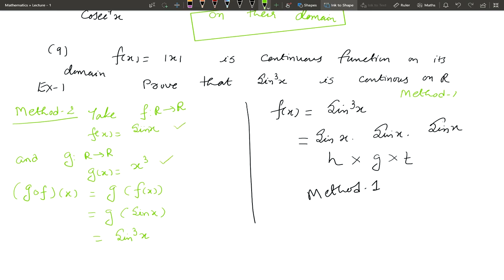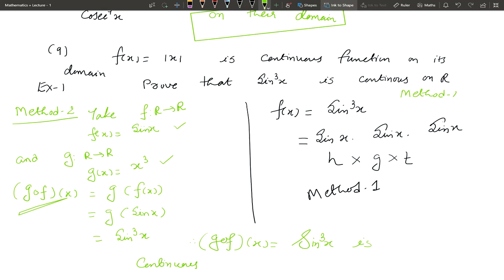The composite function of two continuous functions is continuous, and therefore g of f of x equal to sin cube x is continuous.